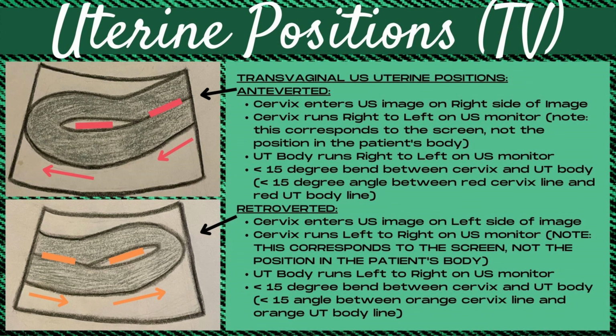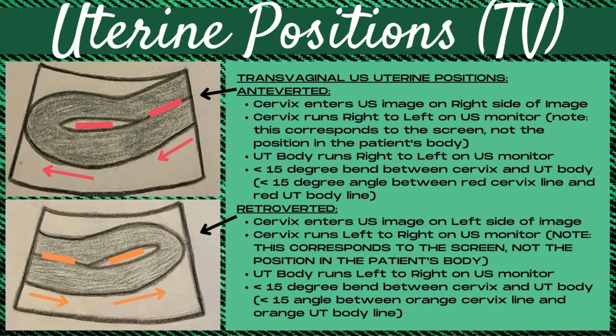The top image is of an anteverted uterus. The cervix enters the ultrasound image on the right side of the image, and the cervix is going to run right to left on the ultrasound monitor. And note, this corresponds to the ultrasound screen itself, not the position in the patient's body. The uterus body is going to run right to left on the ultrasound monitor.